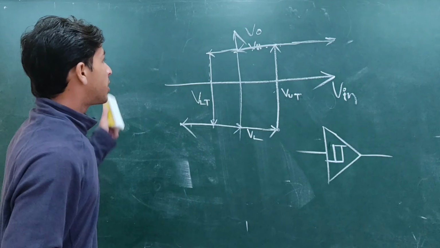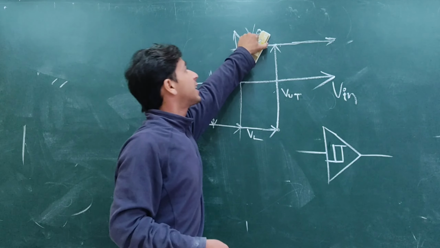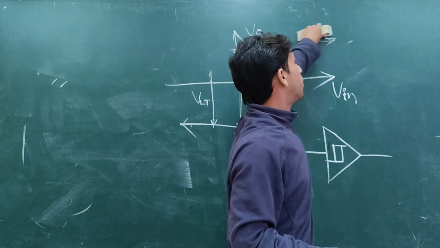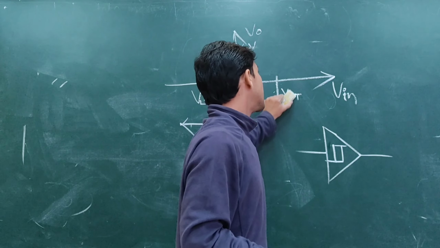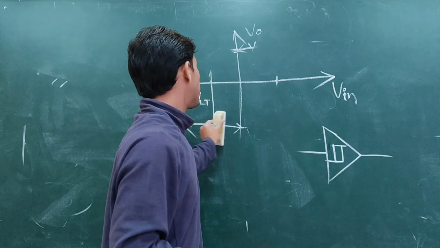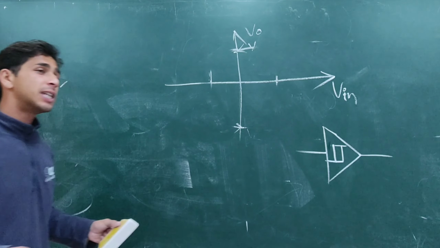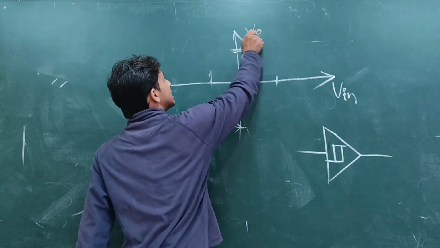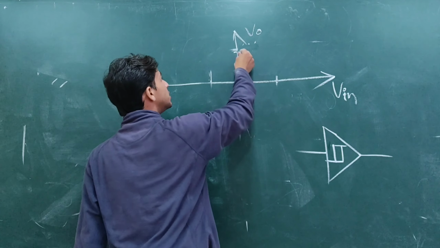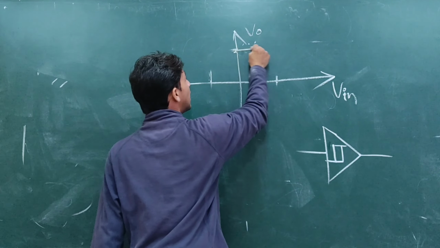Similarly, if you want to see the inverting Schmitt trigger circuit, in that case the output will become low if your input voltage crosses the upper threshold voltage. At zero voltage, meaning low input voltage, the output is high. So we are starting from this point. At low voltage input, the output is high.